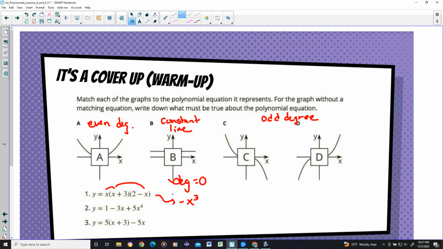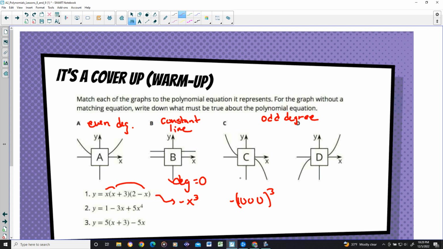So remember, what we said last unit was that end behavior is really determined with very large x's. So let's say we did like 1,000. So what is negative (1,000) to the third power? Notice this minus sign is outside the x to the third. So 1,000 to the third power, well, that's a big number, right?